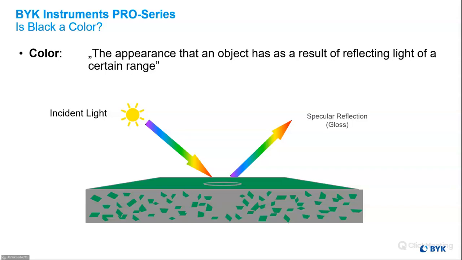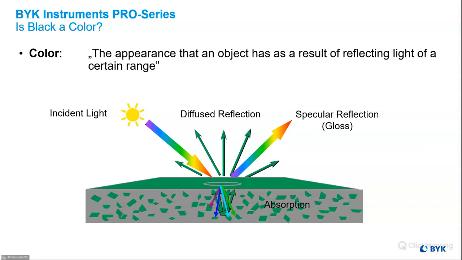The rest of the light goes into the coatings, and it is selectively absorbed by pigments and dyes, and some is scattered. So you see here parts are absorbed and some are scattered, and the scattering is the diffuse reflection.